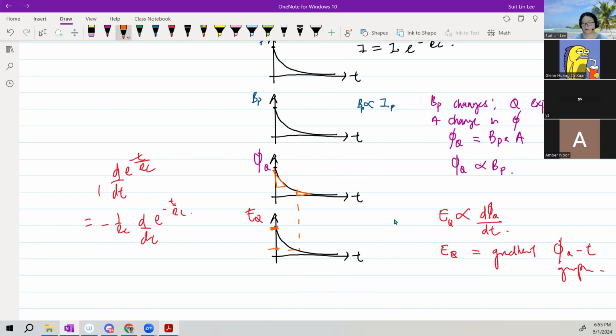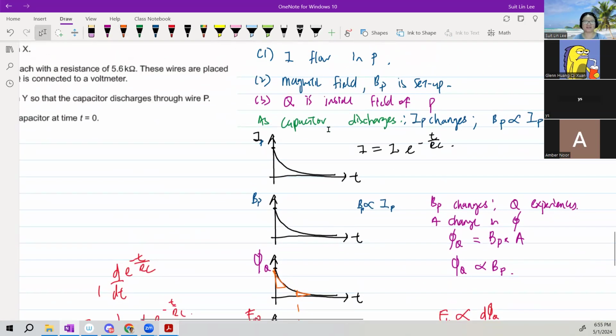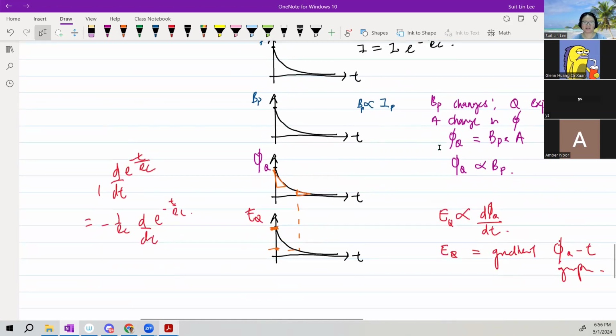Okay. All right. So the question is, how do I know there's a magnetic field around Q? Well, then we continue the story. So again, the story started with IP changes, BP will change, BP proportional to IP, but the flux in Q changes as well because flux Q is proportional to BP.